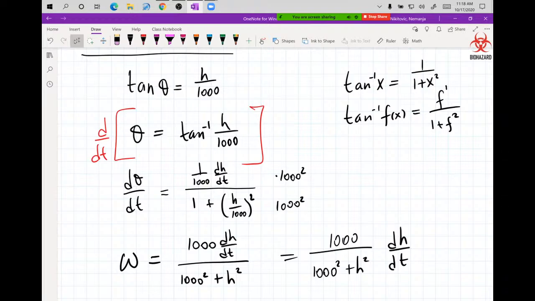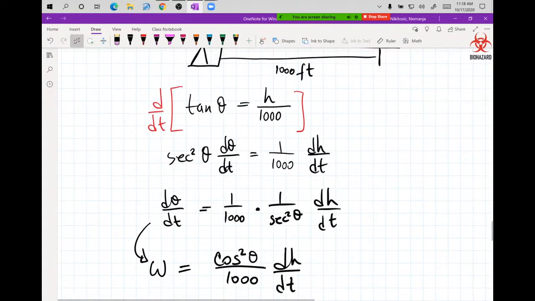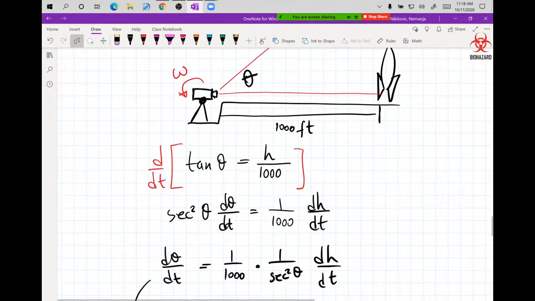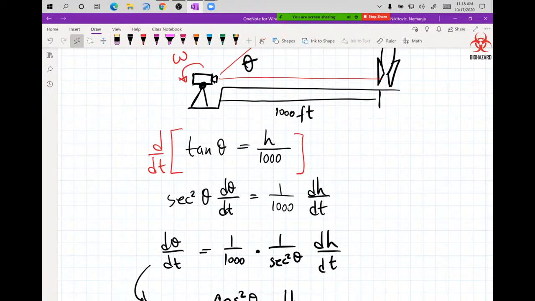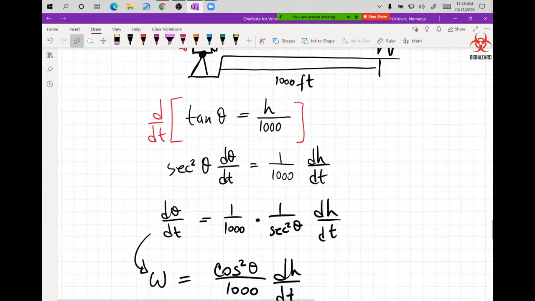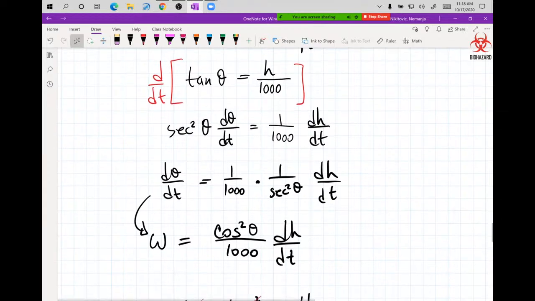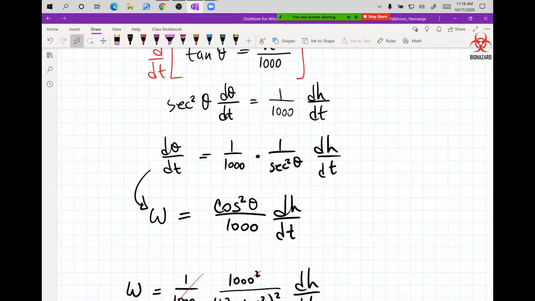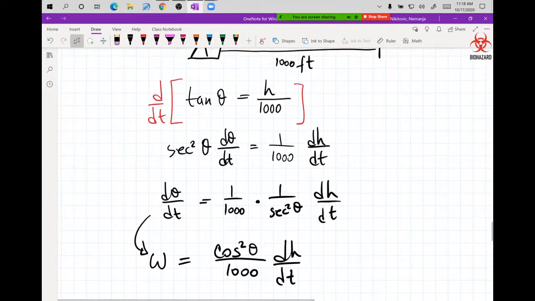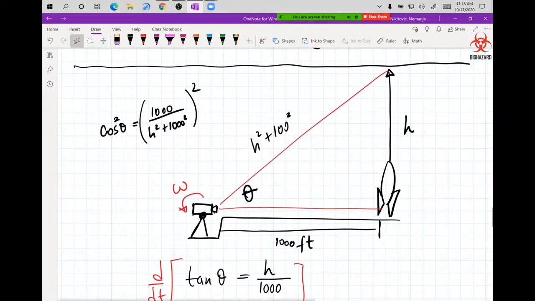So I have the h over this. Okay, I'm just going to go through all of these calculations just in case. So tangent theta is secant squared. Secant squared turns into a cosine squared. Cosine squared is going to be over here.